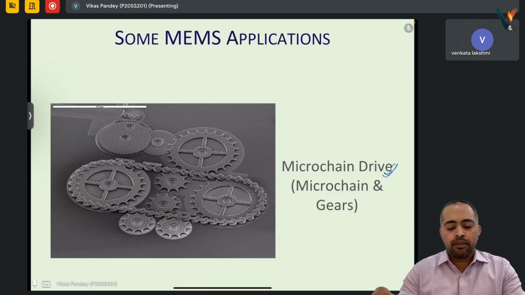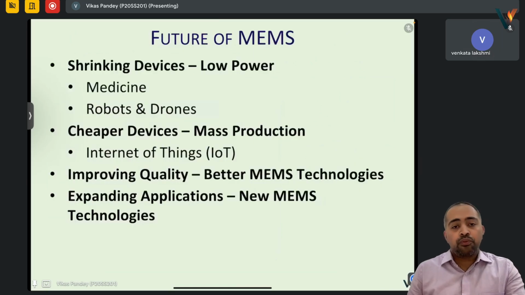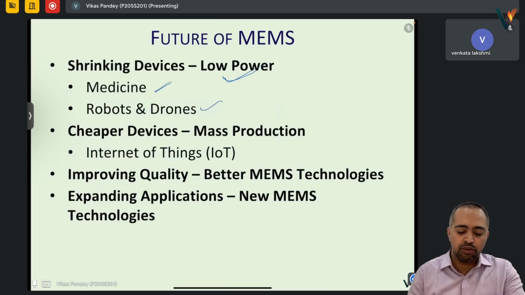Okay, sir. So what is the future of these MEMS? They are sensing devices, low power. They can be used in medicine, robots, and drones. Cheaper devices, so mass production, and they can be integrated with IoT.